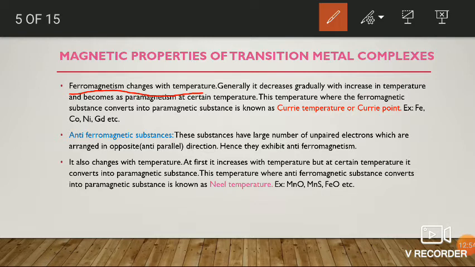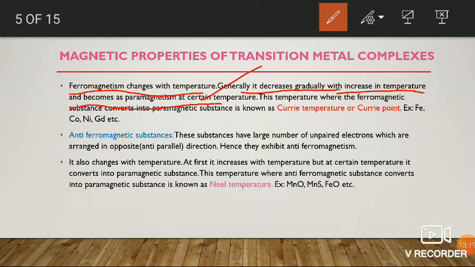Generally it decreases gradually with an increase in temperature, that is, it is inversely proportional to temperature. That is, ferromagnetism decreases gradually with an increase in temperature and becomes a paramagnetic substance at a certain temperature.